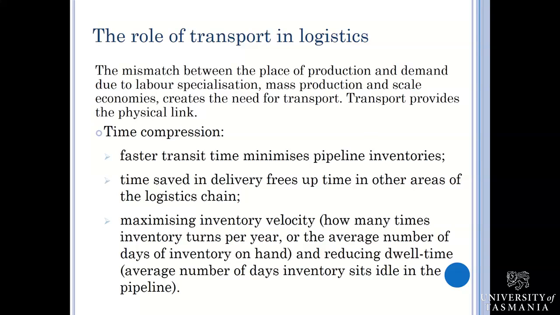But we can actually reduce the cost of inventory in the pipeline by speeding it up, right? Reduce the time in that pipeline. And also, time saved in delivery frees up time in other areas of the logistics chain. Now, can you give me a good example of this to make a point? Time saved in delivery frees up time in other areas of the logistics chain.